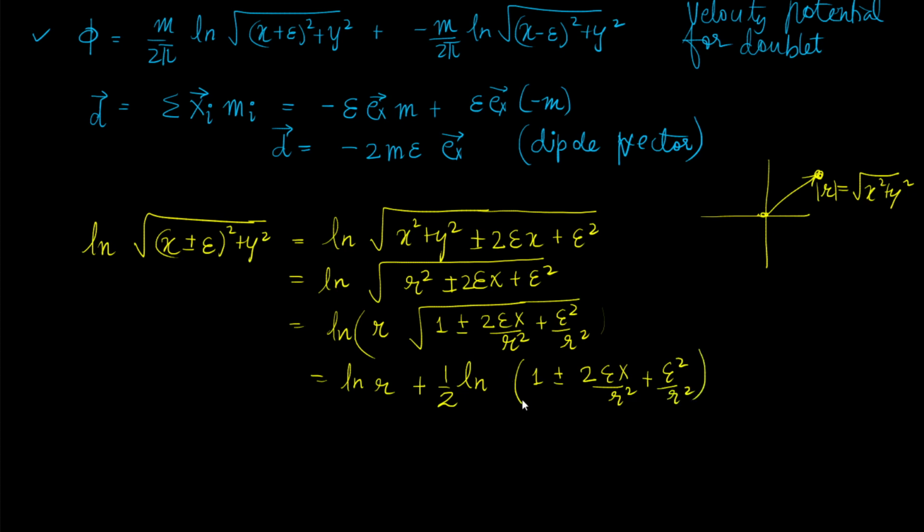So basically log of square root of any number is half log of that number. It's just basic logarithms. So this becomes ln r. So log of 1 plus x is x minus x square by 2 plus x cube by 3. So basically we make use of this expansion.